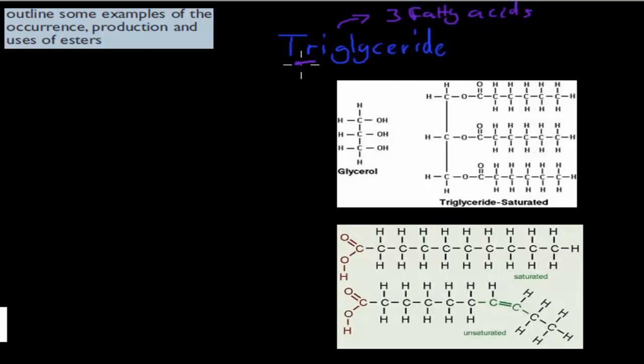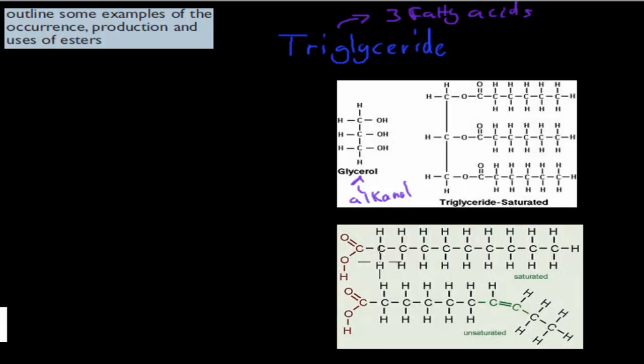That's why it's called tri, as in 3, and glyceride because we have a glycerol molecule as well. This is why it's an ester, because the glycerol molecule ends with an ol, so it is itself an alkanol.